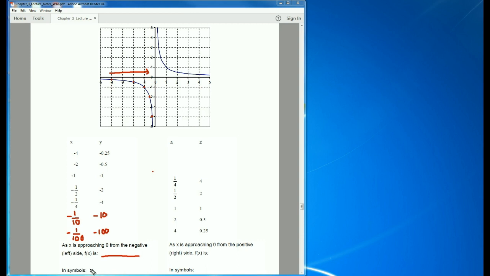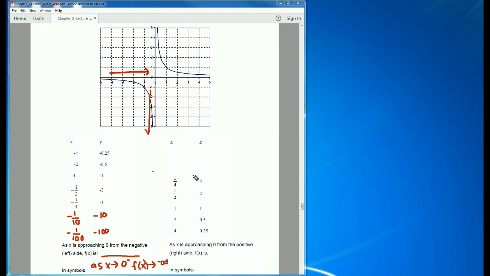So in symbols, we would write as x is approaching 0 from the negative side, so that's actually a little superscript negative symbol, f of x is approaching negative infinity.